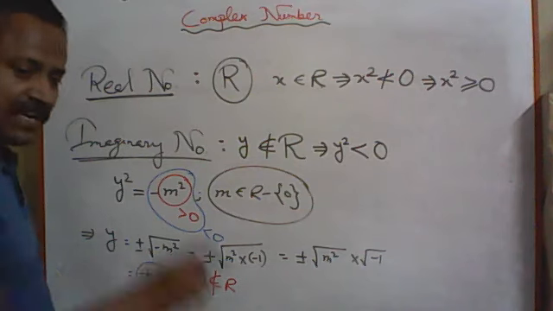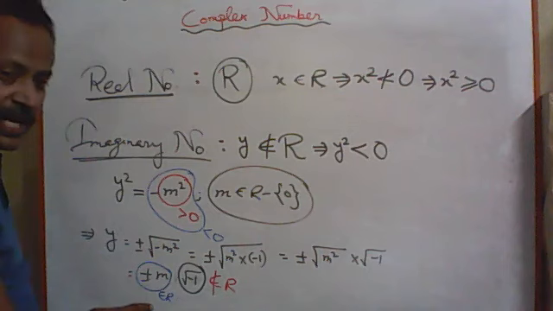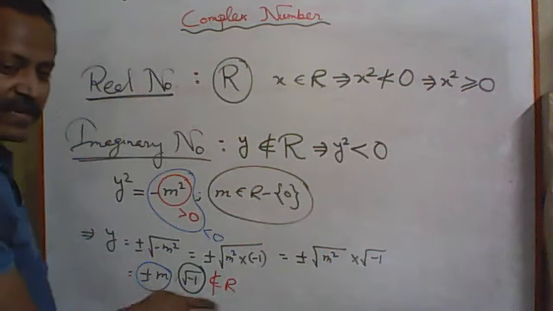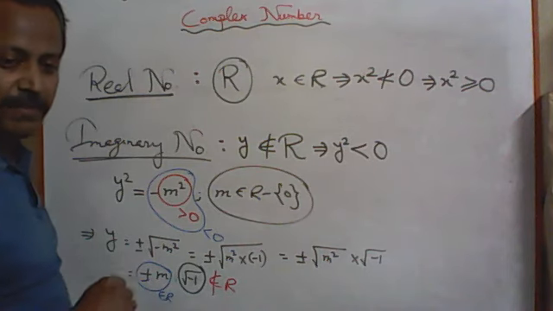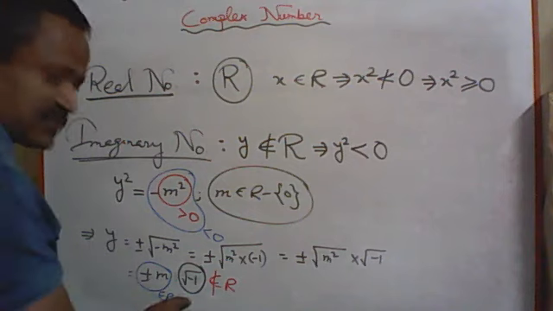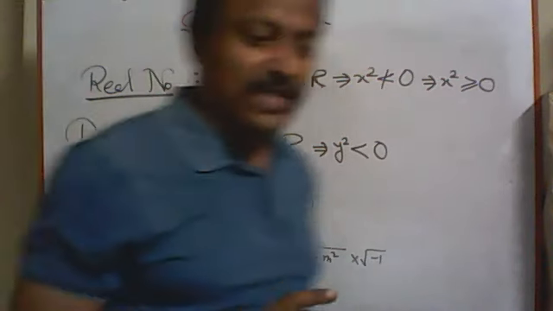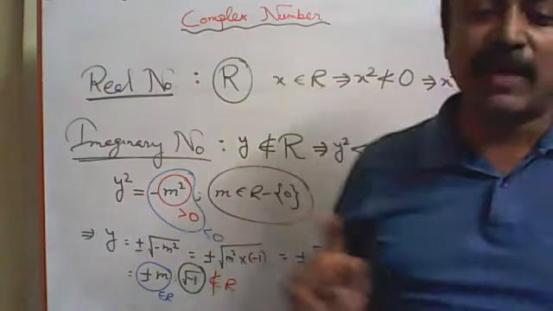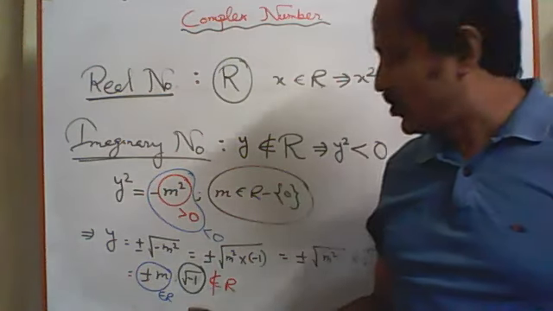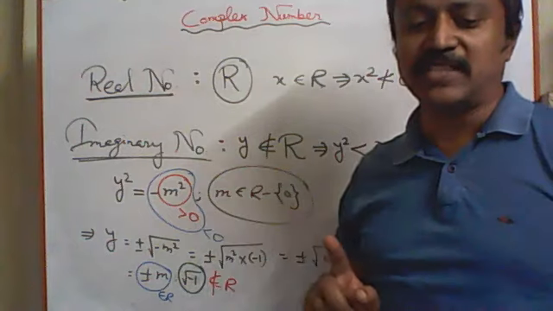The resultant of the multiplication of any real number by this factor is an imaginary number. That's why this factor, root under minus 1, is called the imaginary factor.